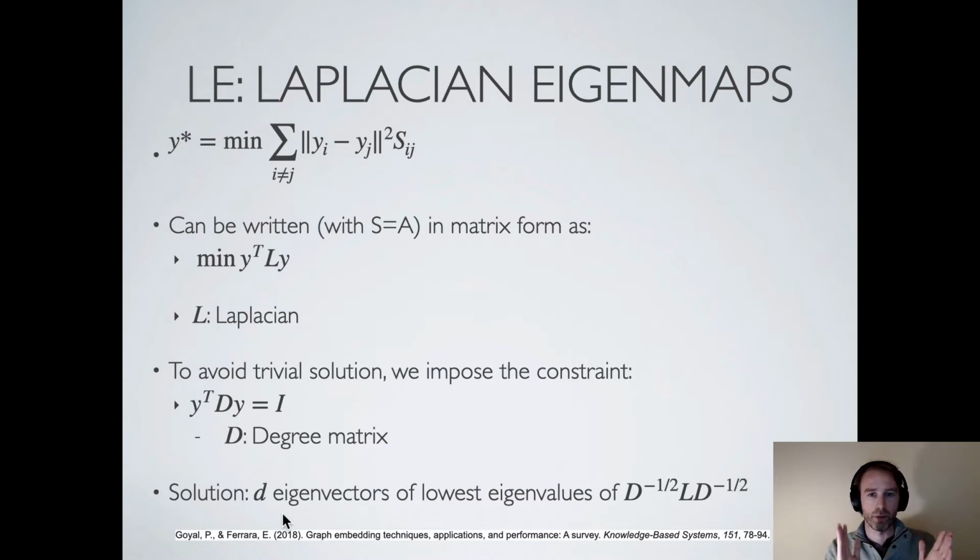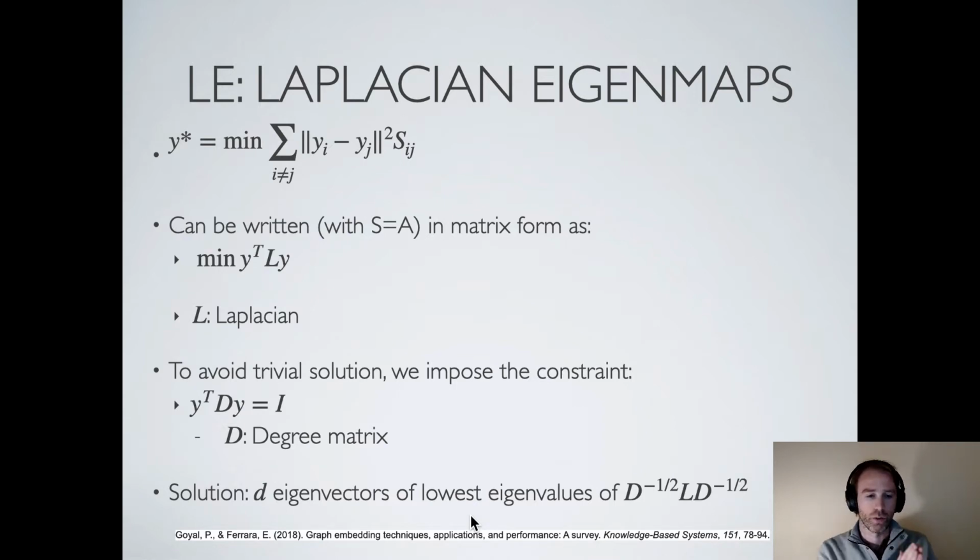So you have to impose some constraint, and then with this definition, if you want an embedding in d dimensions, you have to find the d eigenvectors of lowest eigenvalue of the normalized Laplacian. Each eigenvector has n values, if you have n nodes.